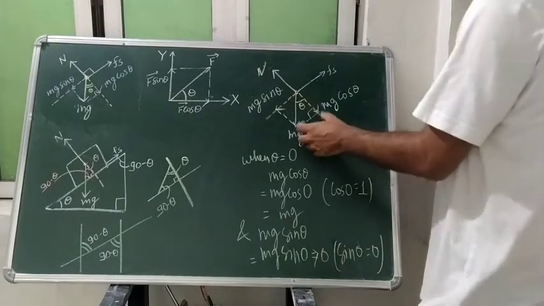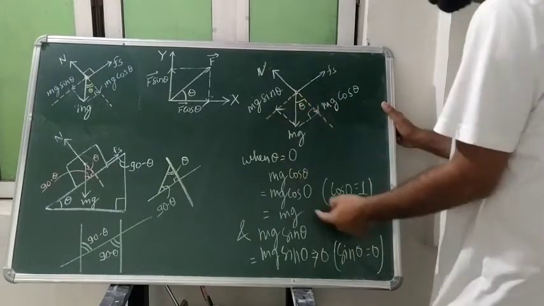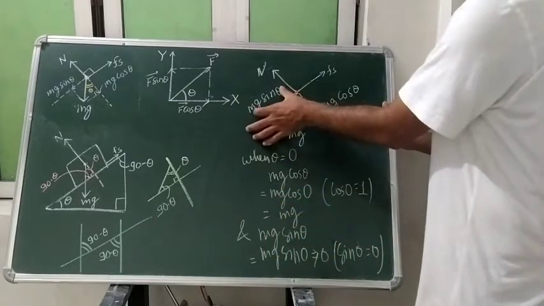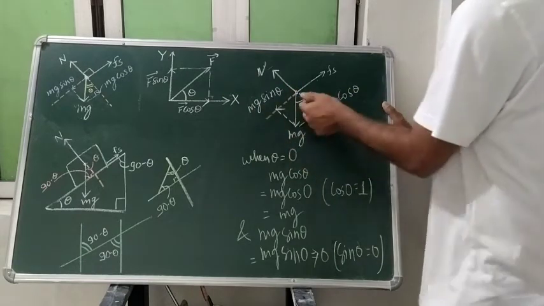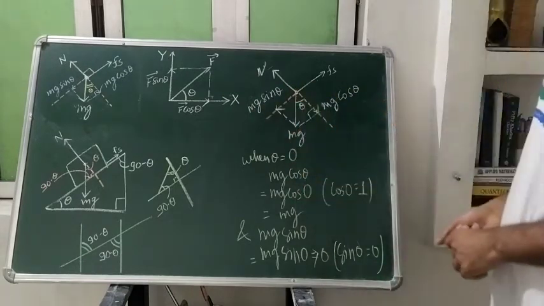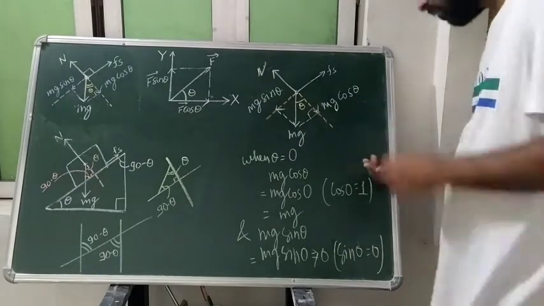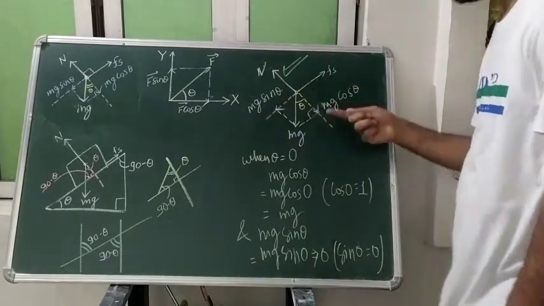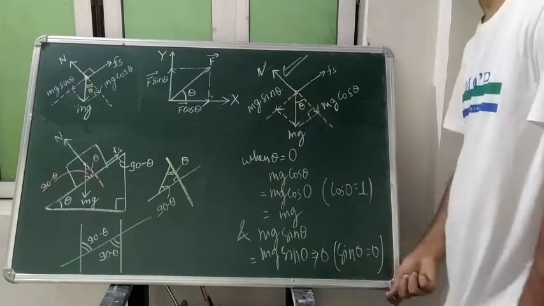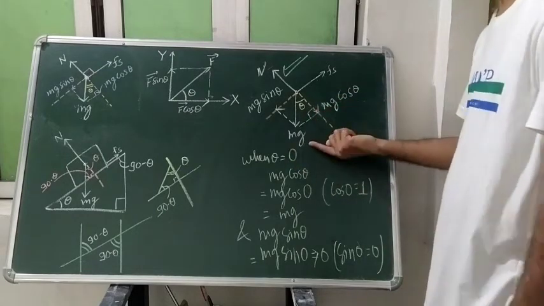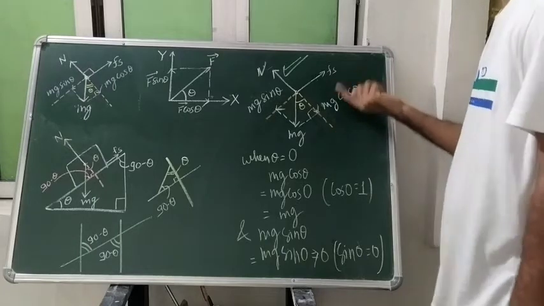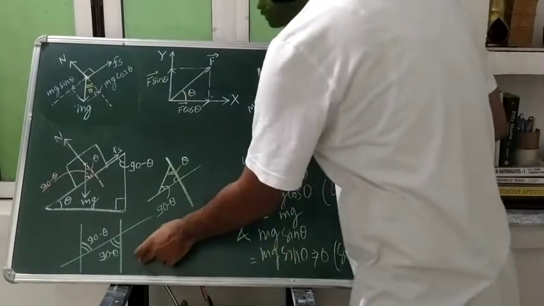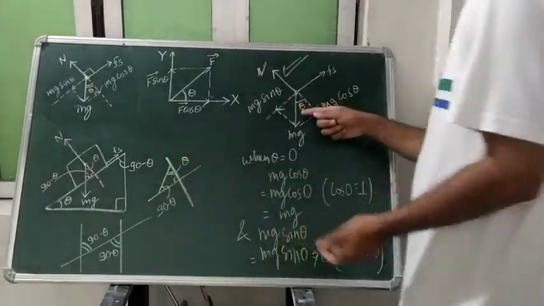So when we make theta equal to 0, only mg is present, and mg sin theta is 0. Mg cos theta becomes mg when theta is 0. By performing this task we have proved that when theta is 0, only mg is present there, so our guess is correct and this will be our theta angle. Or you can do it by the geometry method, and this will be mg sin theta.